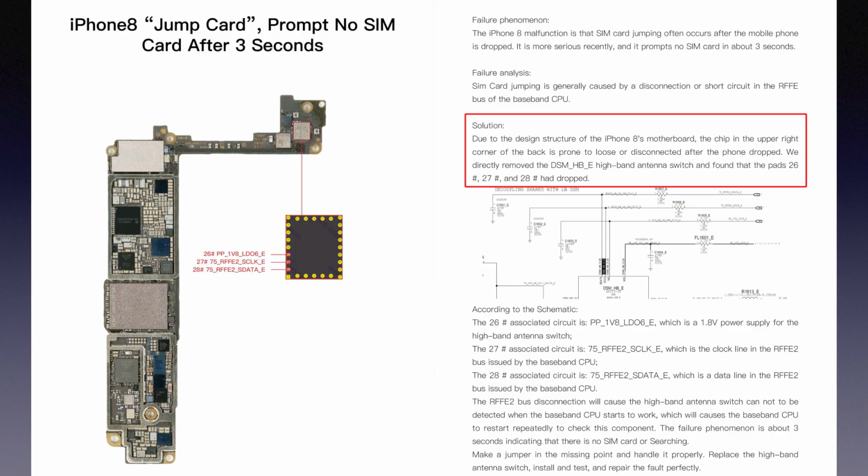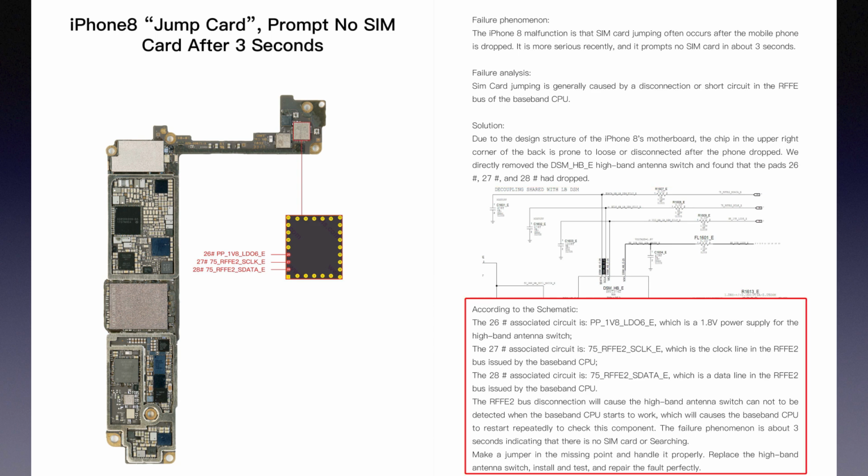We directly remove the DSM-HBE high band antenna switch and found that pins 27, 26, and 28 of the pads had dropped. According to the drawing, the pin 26 associated circuit is PP1VA-LD06E, which is a 1.8 volt power supply for the high band antenna switch.